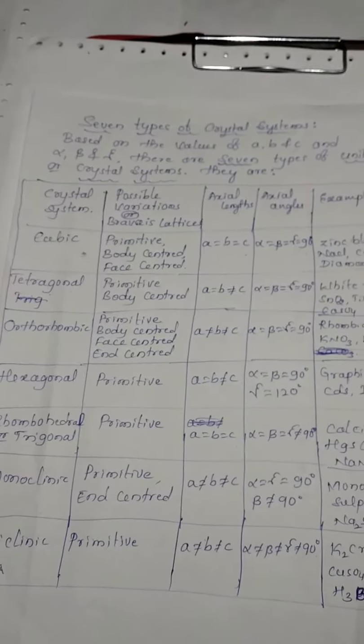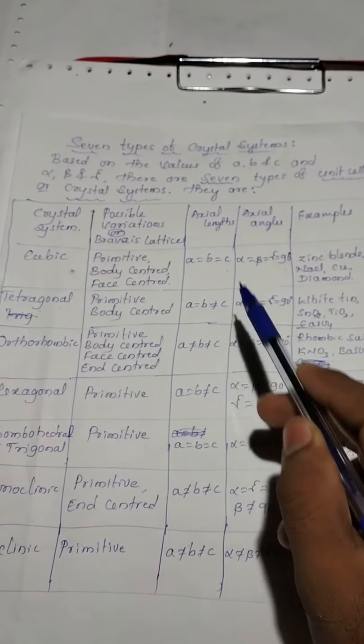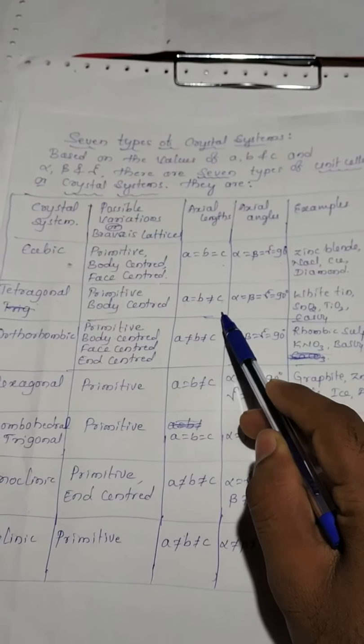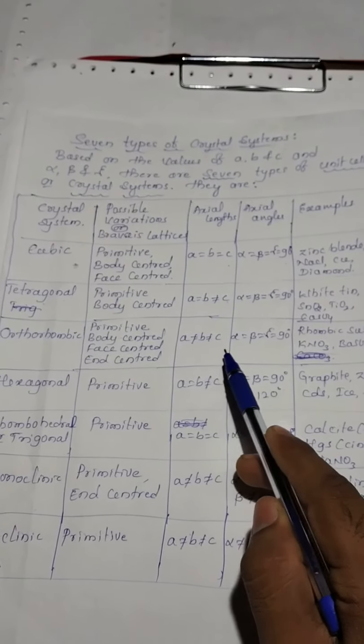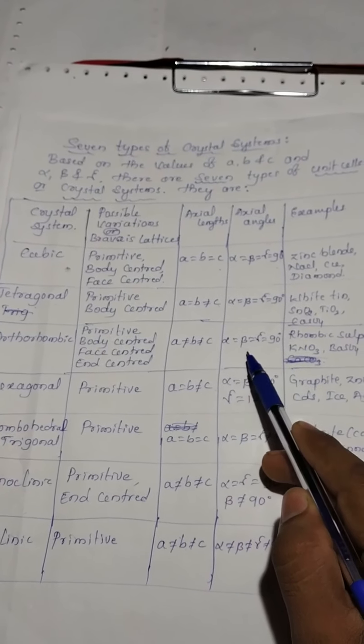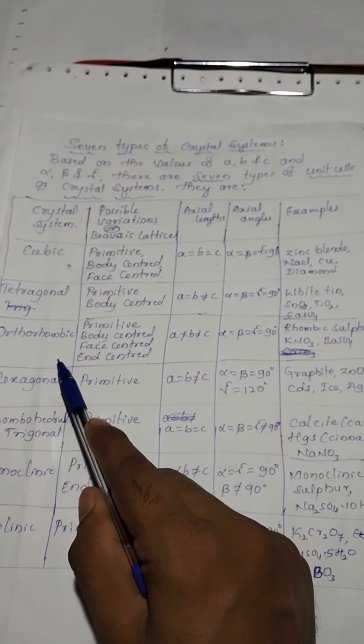If a equal to b equal to c, alpha equal to beta equal to gamma equal to 90 degree, then that is a cubic crystal system. If a equal to b is not equal to c, alpha equal to beta equal to gamma equal to 90 degree, then that is a tetragonal crystal system. If a is not equal to b is not equal to c, alpha equal to beta equal to gamma equal to 90 degree, then that is said to be orthorhombic.